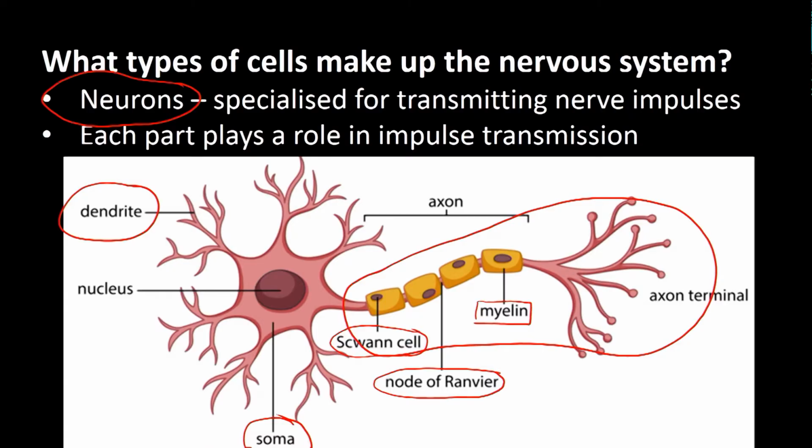And basically what happens is the impulse comes here and it gets carried all the way along the neuron until it gets to the terminal branches at the end of the neuron, and that is when it is passed on to a muscle or when it is passed on to another neuron.